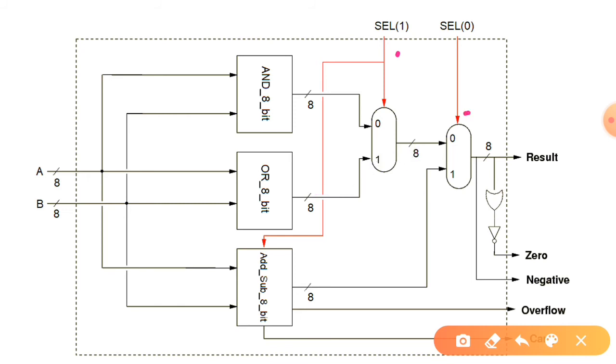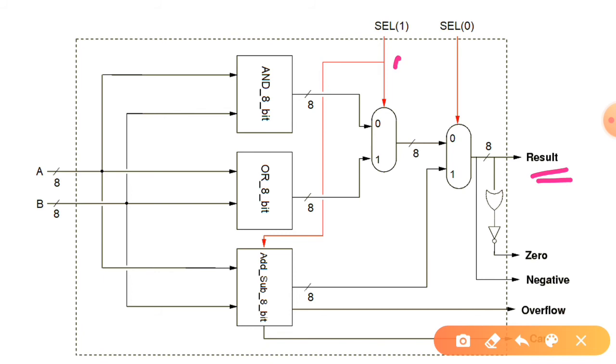Similarly, this is also a 2:1 mux. So let us understand which of the outputs of these 3 blocks will be connected to the result depending on the values of the select signal.